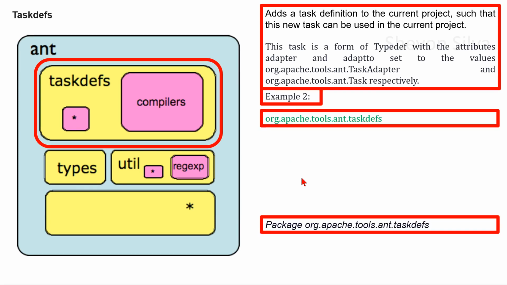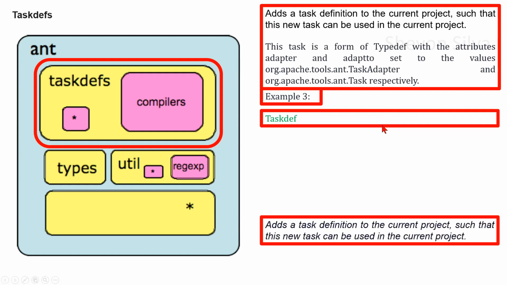As an example 2, we can consider package org.apache.tools.ant.taskdefs. Here we can consider Task as an example 3. We can consider Taskdef here. Add a task definition to the current project such that this new task can be used in the current project.